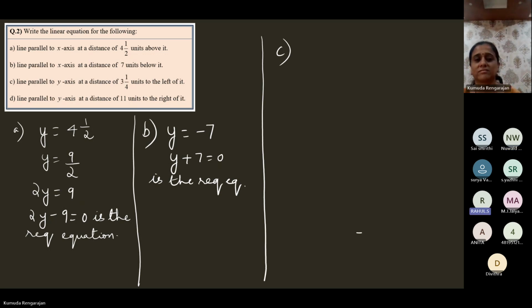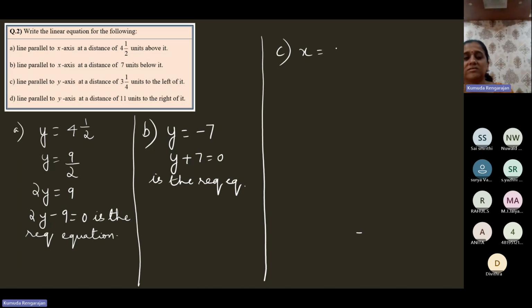Y is equal to minus 2. No, ma'am, can I tell? Yes. X is equal to 13 by 4. Minus or plus? Oh, minus 13 by 4.